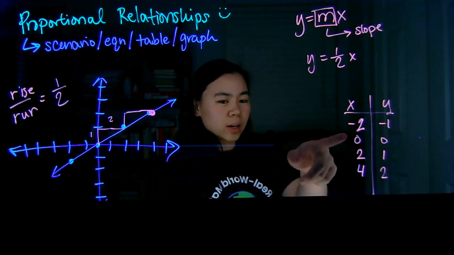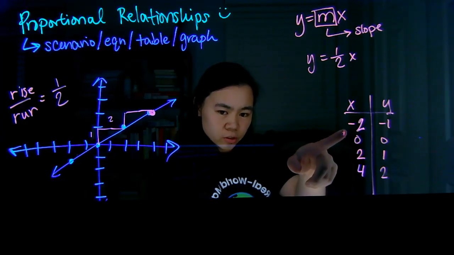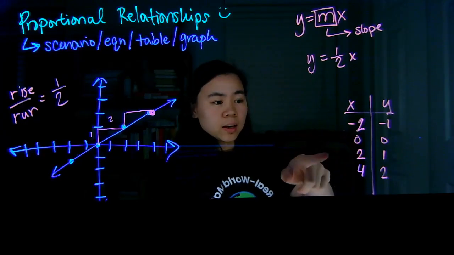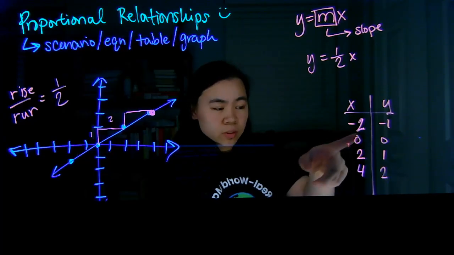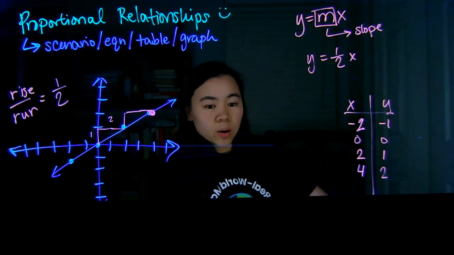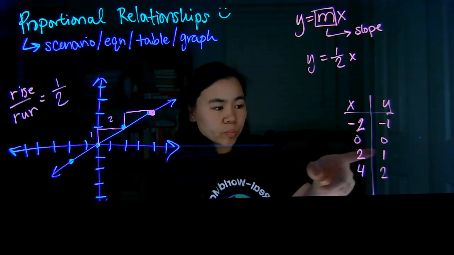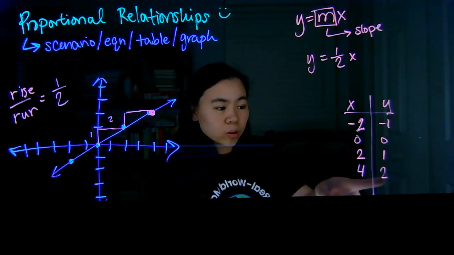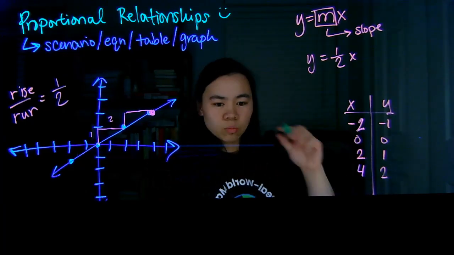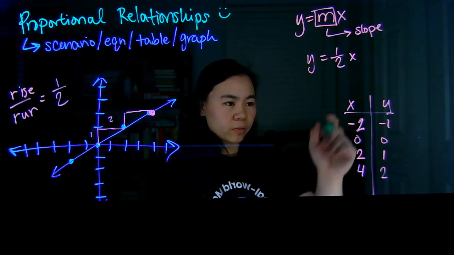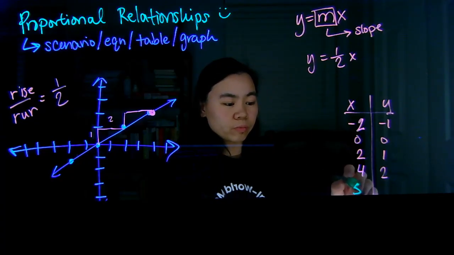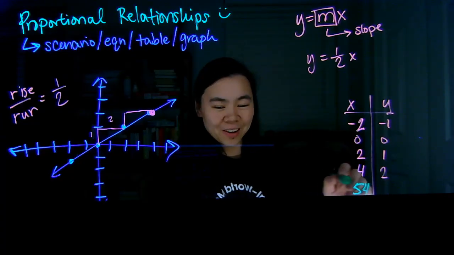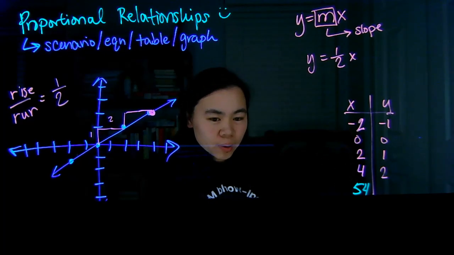So if my x were -2, what's half of -2? -1. If my x was 0, what's half of 0? 0. If my x was 2, what's half of 2? 1. What's half of 4? 2. If I give you some random point that's not even on this graph, if x were 54, what would my y be?